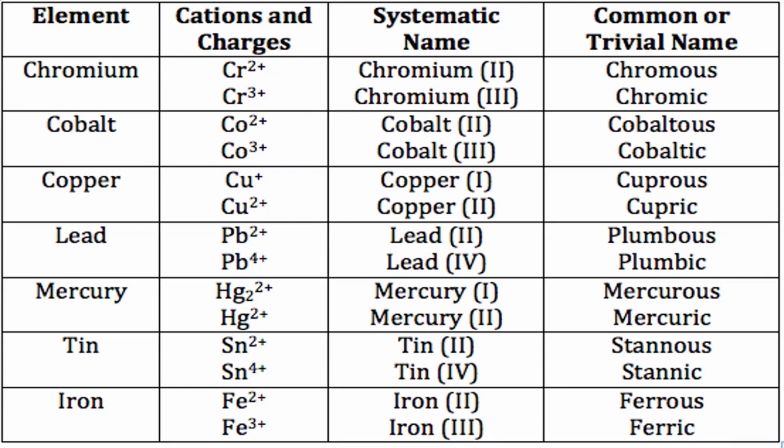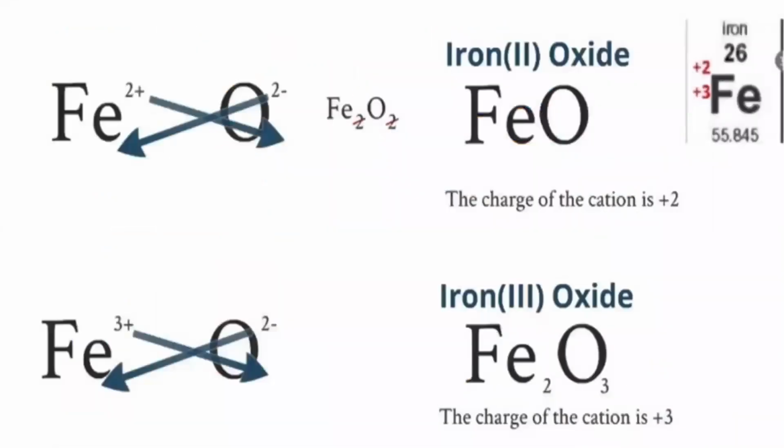Or if that is Roman numeral 3, then the ionic charge of chromium is 3. Then you may chemically combine it with an anion. Example, iron(II) oxide. You'll see that Roman numeral 2 is already written here.